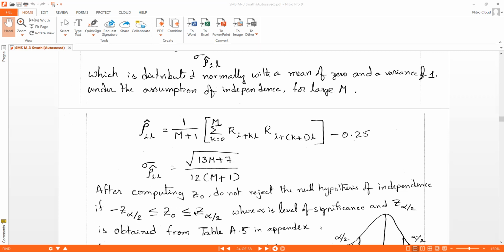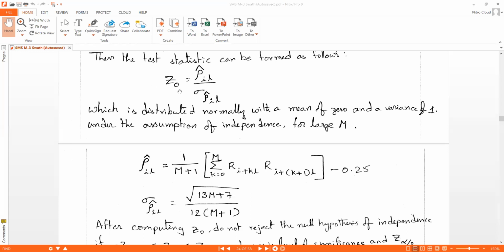Then only it satisfies the null hypothesis, and independence will be satisfied. For that, to find the Z naught value, we need to calculate the rho IL cap value and sigma rho IL cap value.